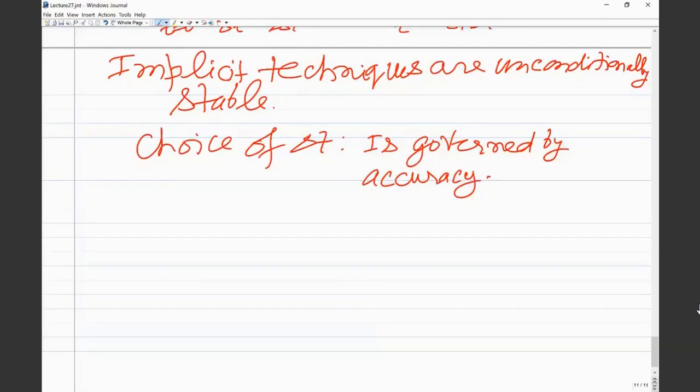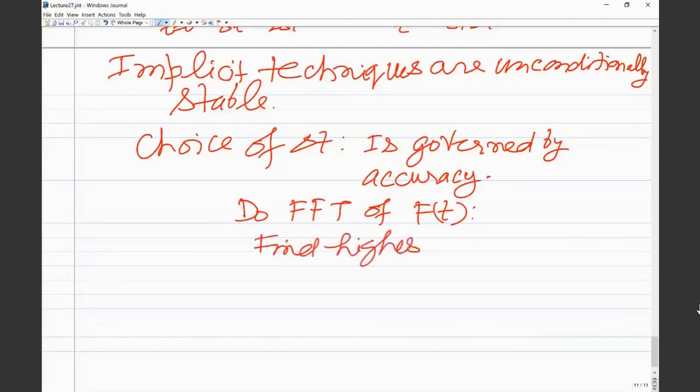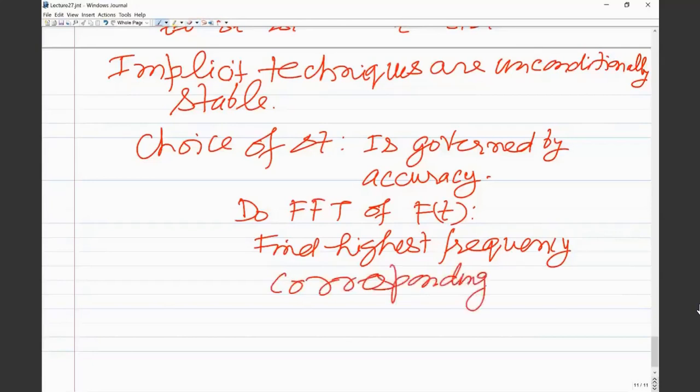But if you don't have an idea, then another way is to do the FFT, fast Fourier transform, of your forcing function f(t), and find the highest frequency content corresponding to significant amplitude.